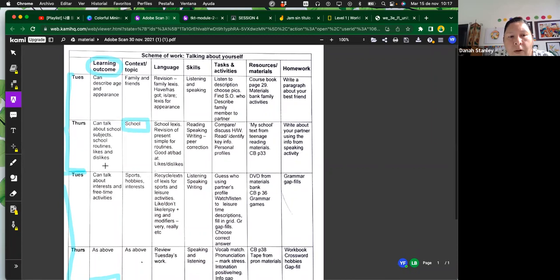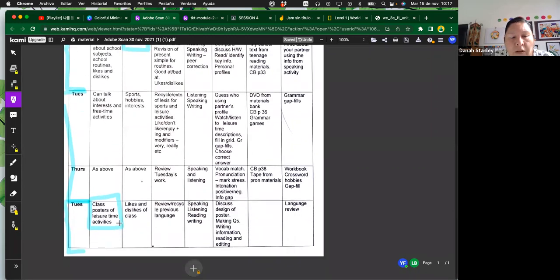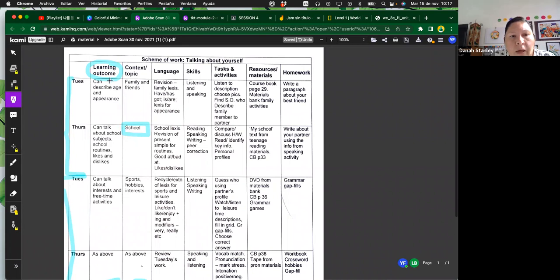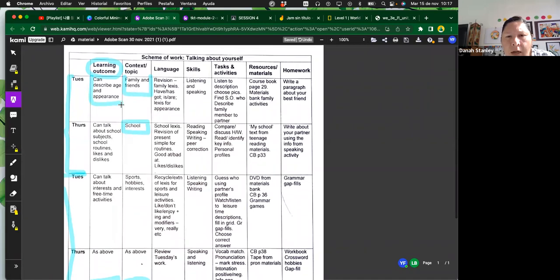They need to talk about likes and dislikes because they are going to use it for their poster. Luego, they are going to describe the family and friends, okay, describing age and appearance, okay.